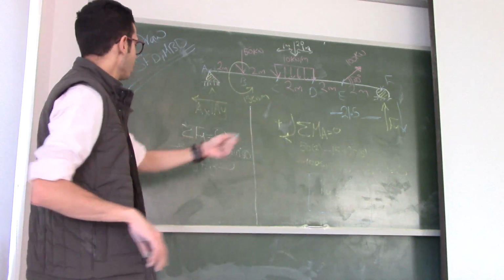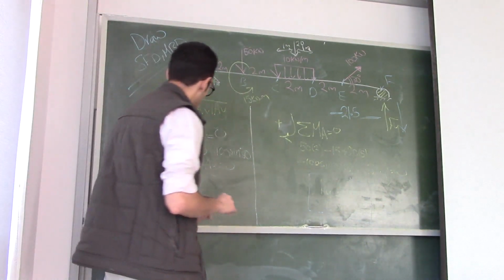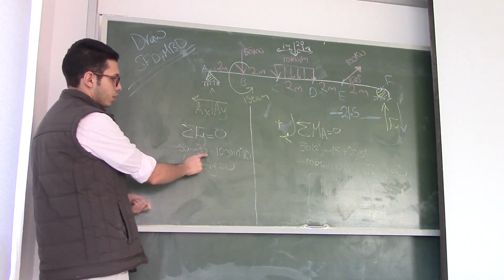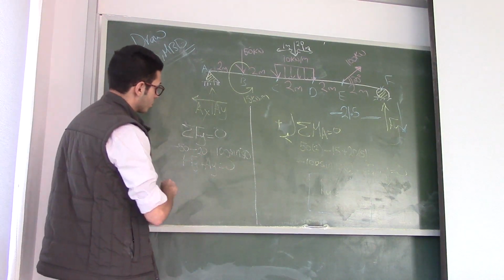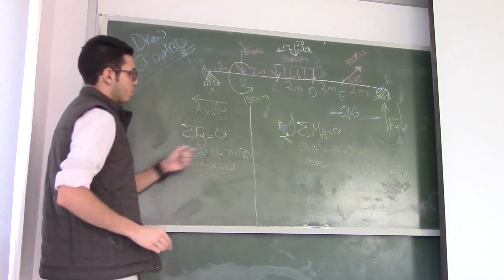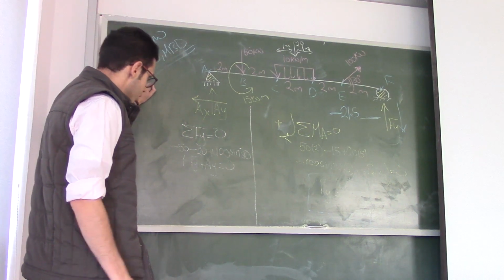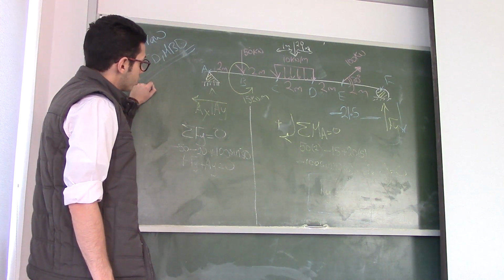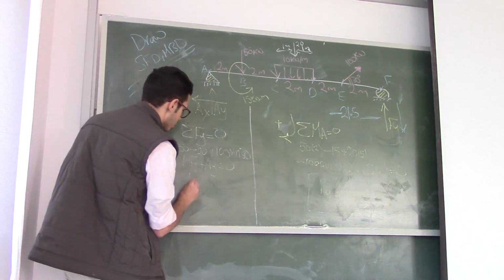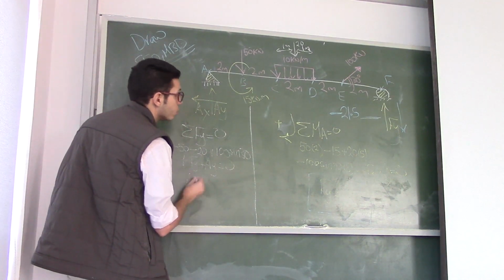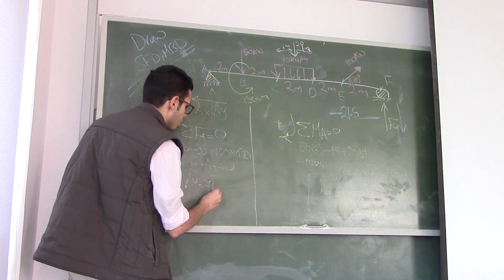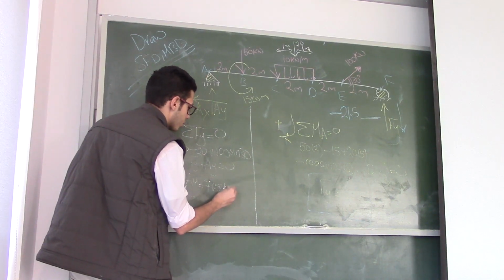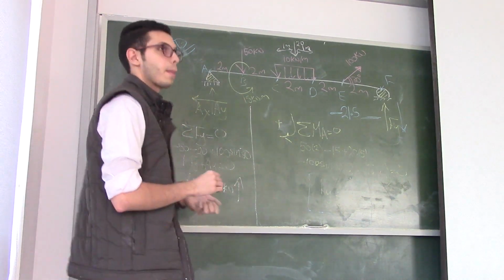Okay, we found Fy, now we should find Ay. So minus 100 plus 50, it's a minus 50. Okay, so Ay will equal 71.5 kilonewton.